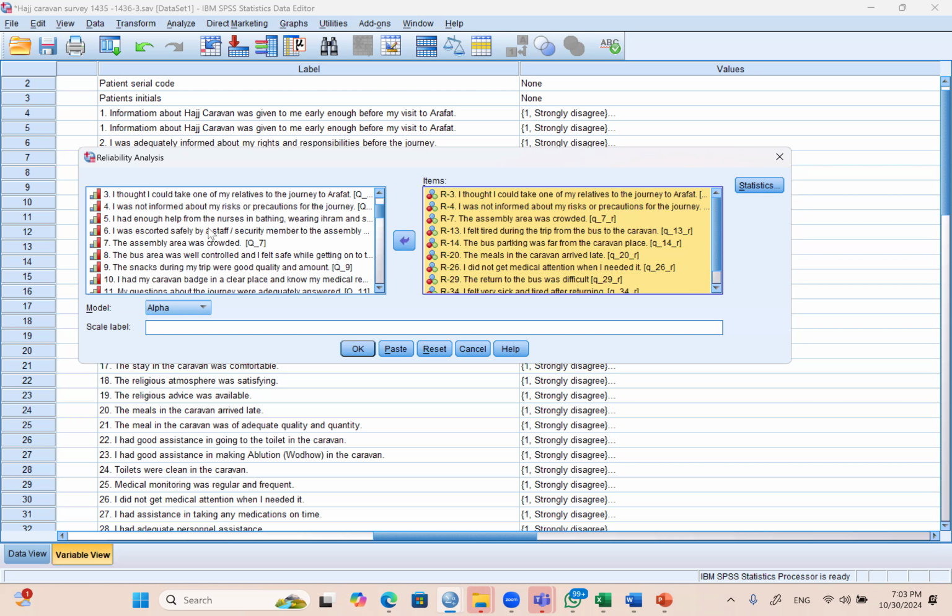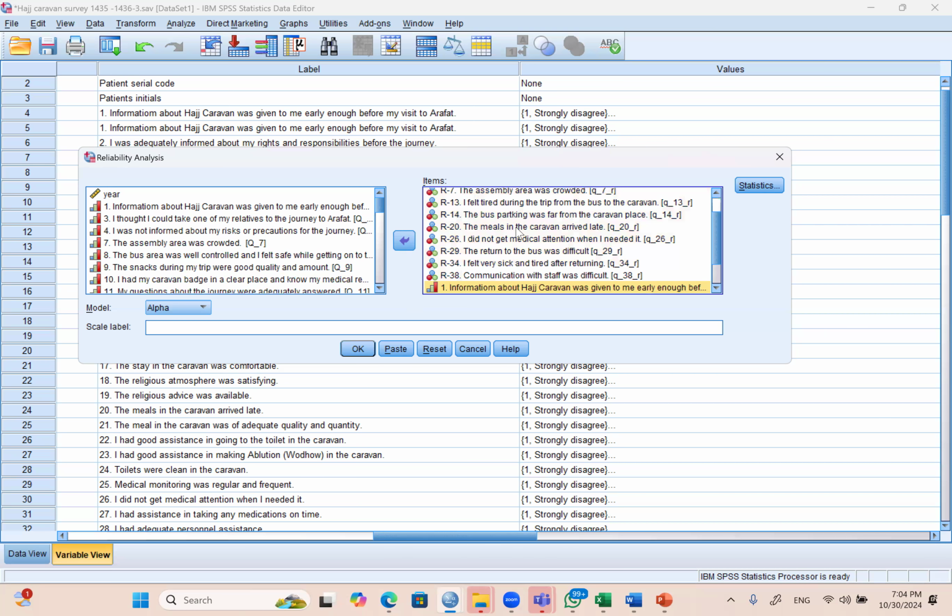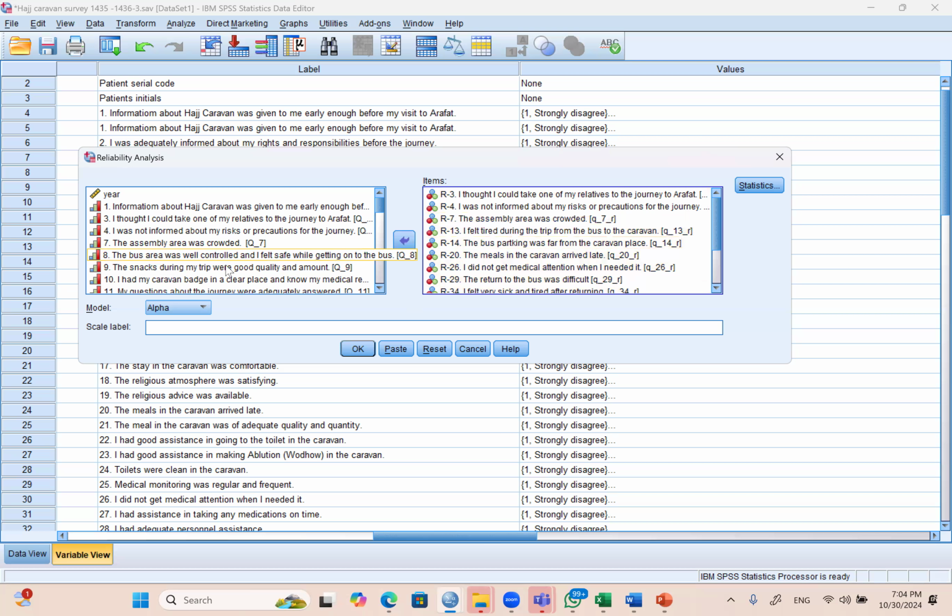So we take 1 and 2, then 3 and 4, then 5 and 6, and then 7, and we take 8, 9, 10, 11, 12.